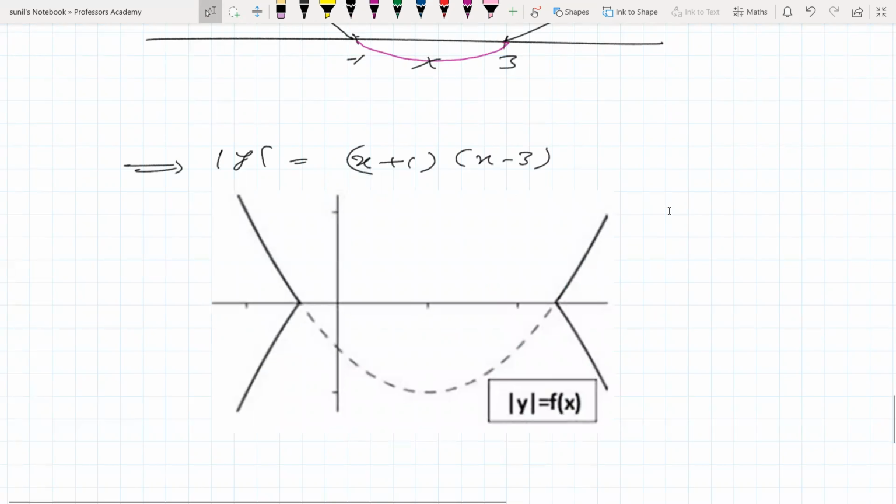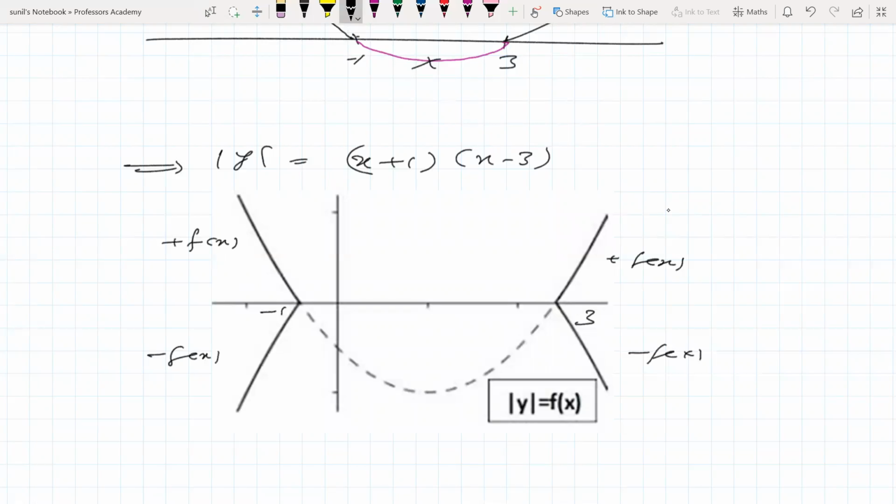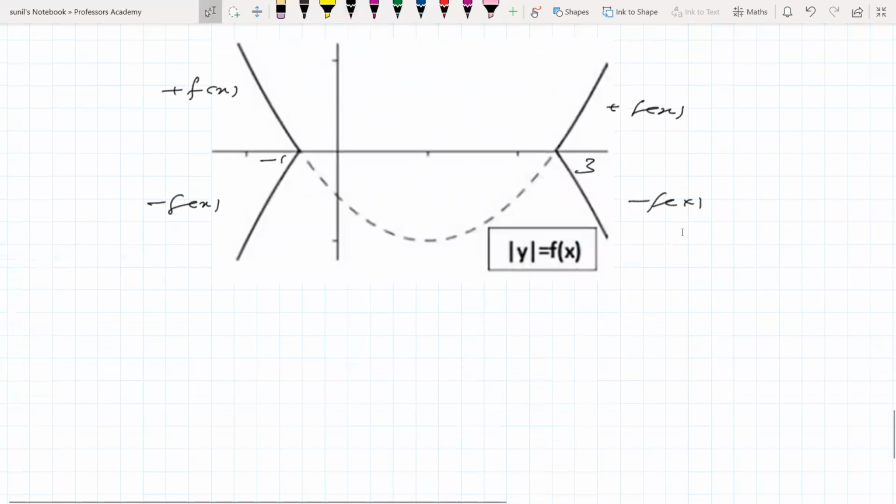Let me take this as minus 1 and this as 3. Whenever it is above the x-axis, we write plus f(x) and minus f(x). Minus f(x) is the image of f(x) under the x-axis. So here we are taking plus f(x), and this is our minus f(x). This is the concept. You can see that this is the way we want to draw it.